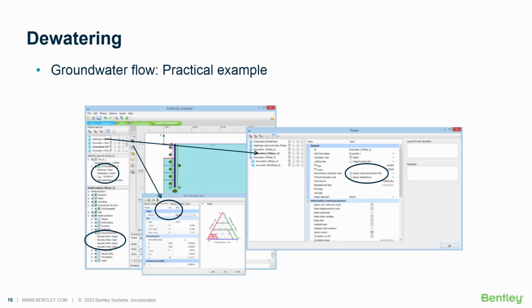The first one will be material properties for the soil in terms of permeability as the first thing you will need to define. So for each material, you will need to provide permeabilities in both directions.